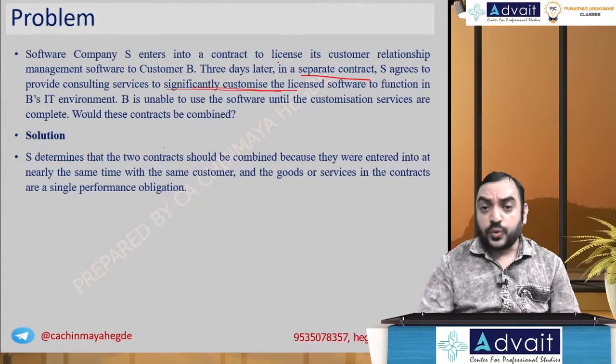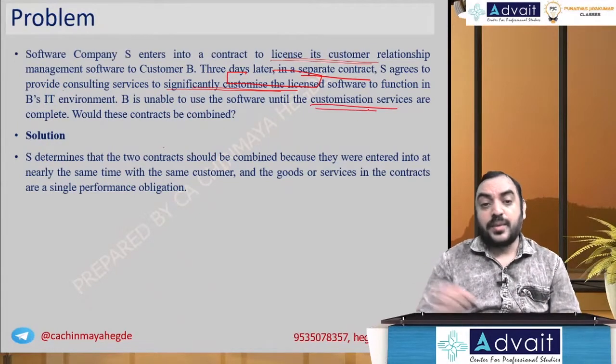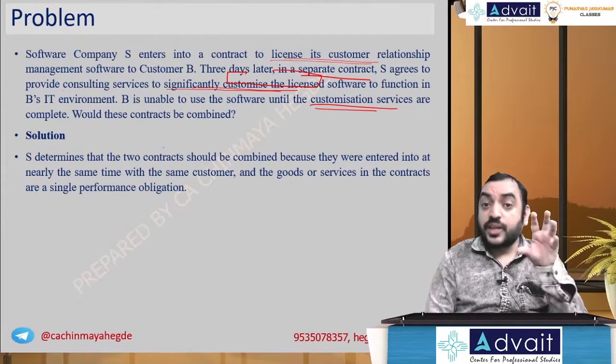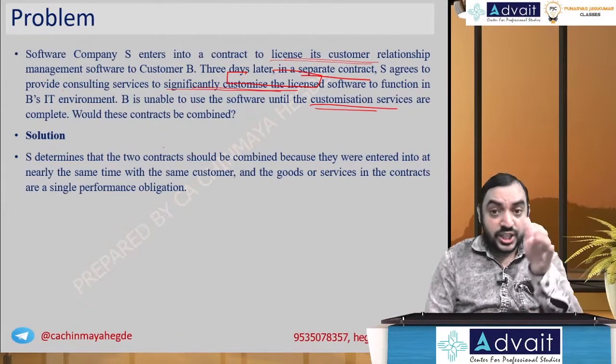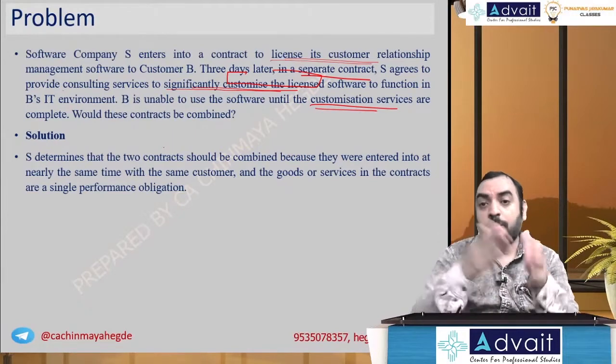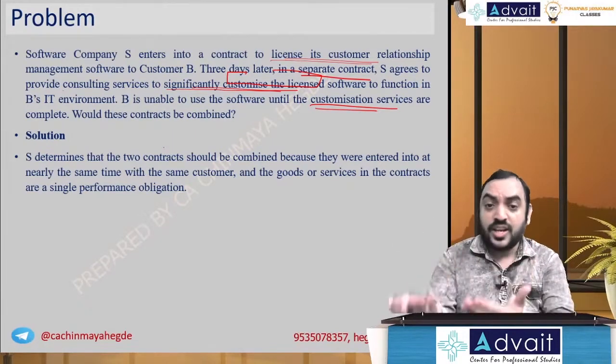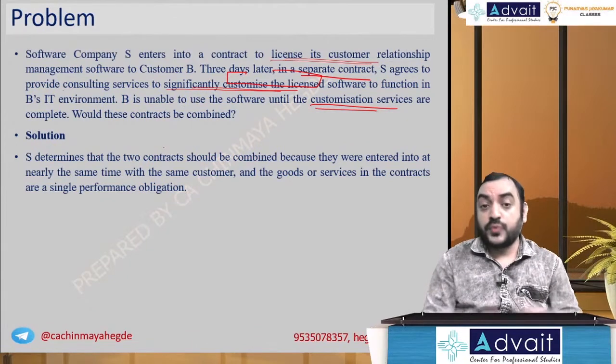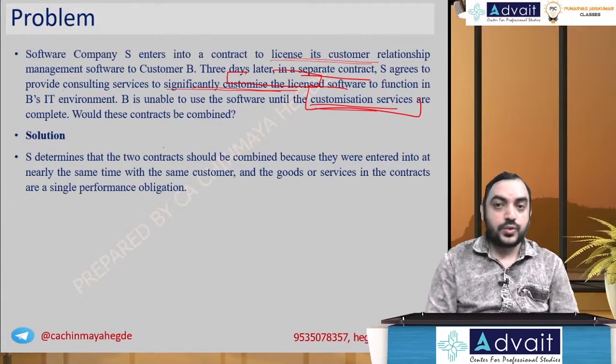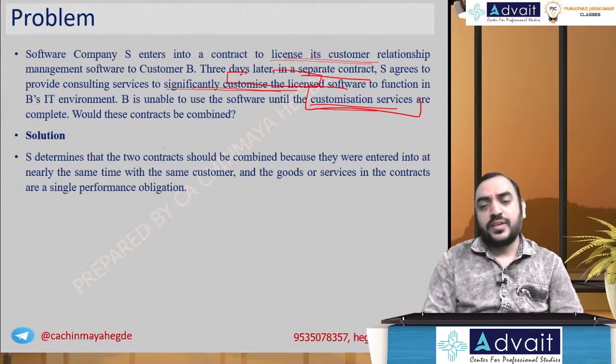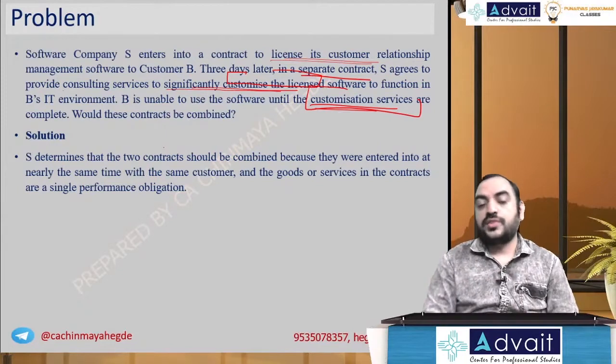So initially, it licensed its customer relationship management software to B, and 3 days later, they entered into a customization contract, and B is not able to use the software until customization is complete. So the customer relationship management software is now dependent on, or part of the same performance obligation along with, the customization services, because without customization services they cannot use the product. So they cannot be used independently. So they are part of the same performance obligation. Let's see what institute says.